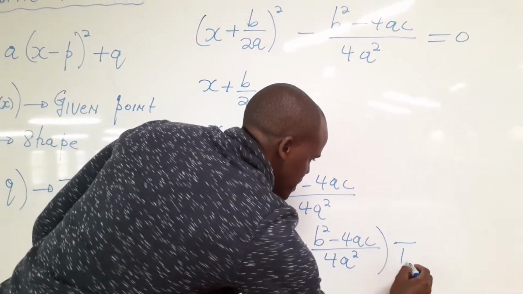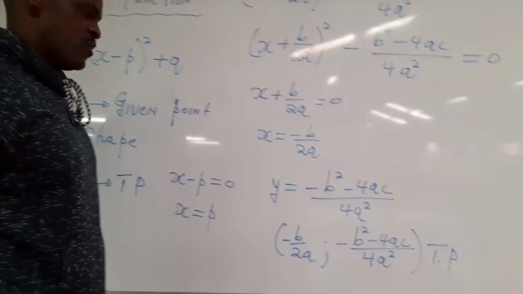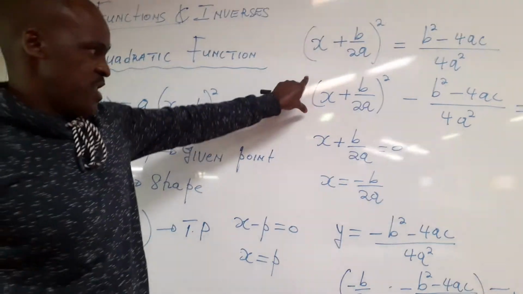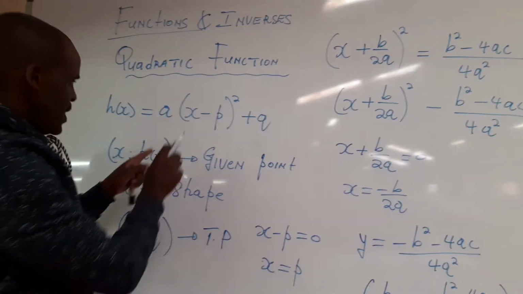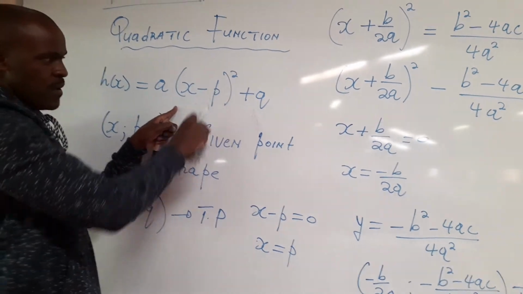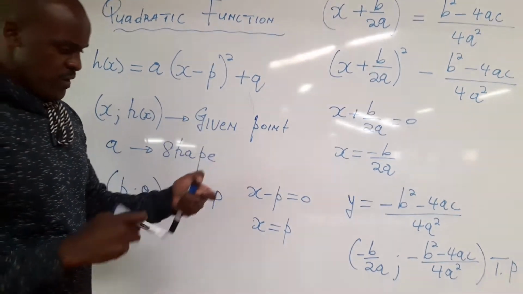This is our turning point. That's our turning point from that equation, x minus p plus q. Right.